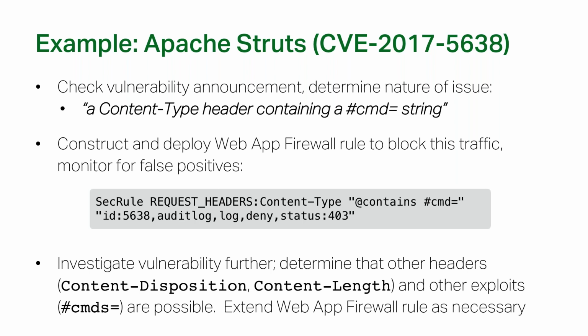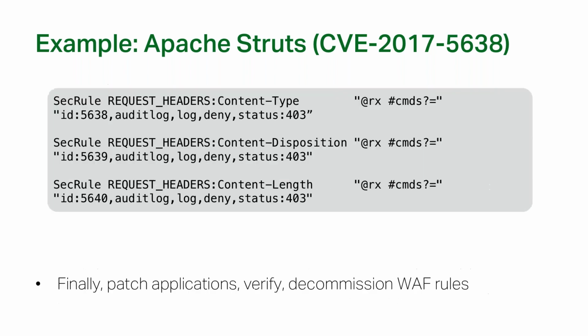Then, having quickly deployed that rule in response to the vulnerability announcement, look into it further. Work with the community, understand what the open source community is doing to address this issue and the recommendations that are emerging around ModSecurity. For example, as you read that further and investigate further, you'll realize that more headers can be used as a vector for this vulnerability, and additional OGNL expressions can also be used.